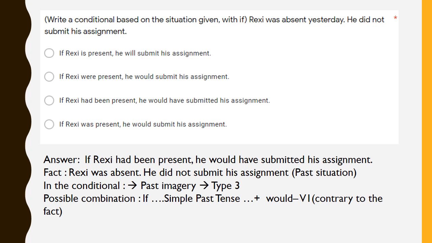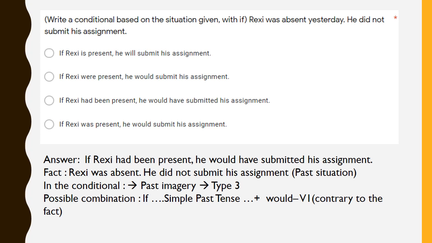Question: Write a conditional based on a situation given with if. Rexy was absent yesterday. He did not submit his assignment. Answer: If Rexy had been present, he would have submitted his assignment. The fact is, Rexy was absent.